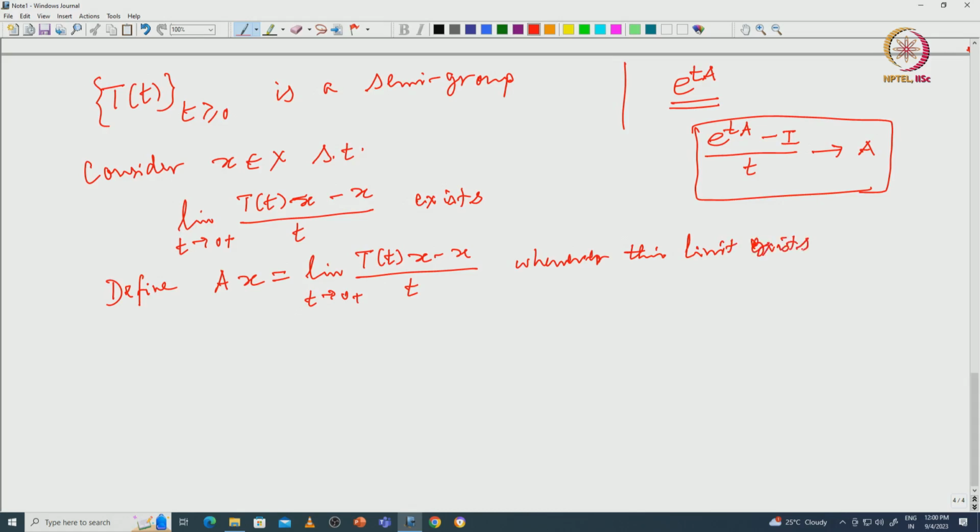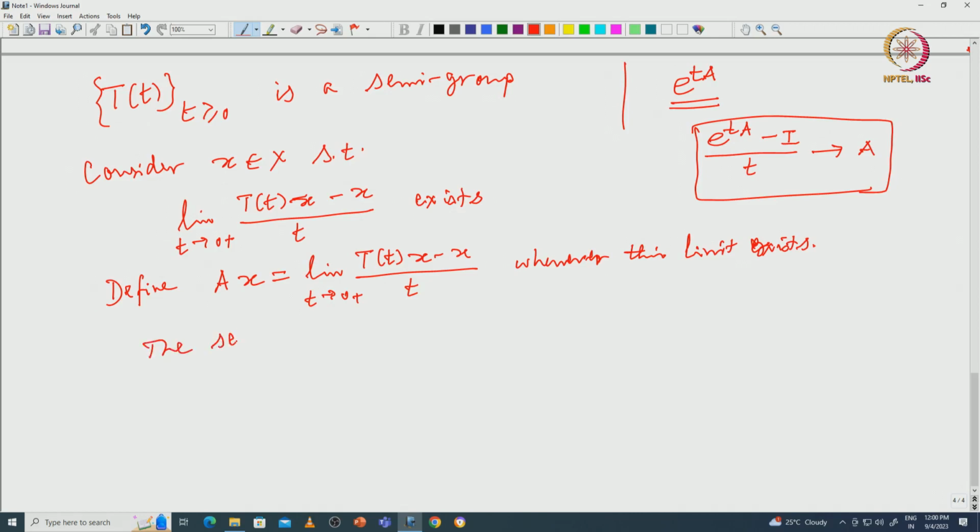So at this stage, it is not even clear whether there are non-zero x for which this limit exists. Certainly 0 is there, so it is certainly defined.